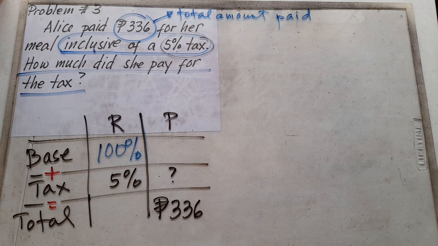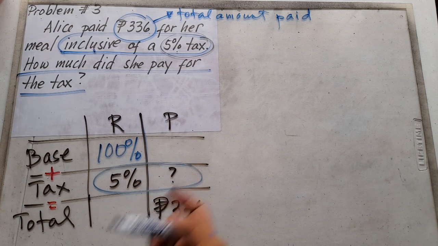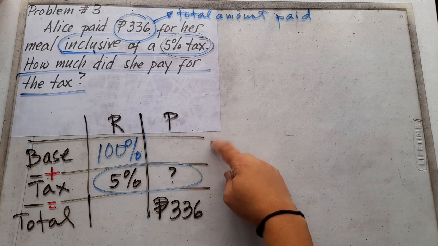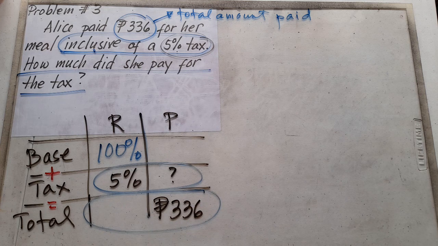So, ang unang ratio natin, yung 5% at saka yung question mark. Ang pangalawa natin ay ano? Ito, yung nasa base row or yung total row. So, ang pinakamadali na kunin ay yung total row. Bakit? 100 plus 5 is 105.